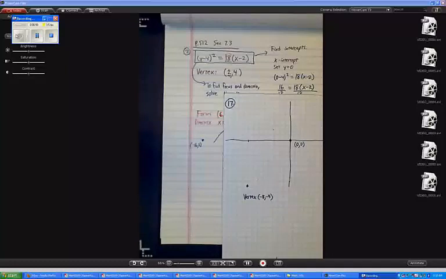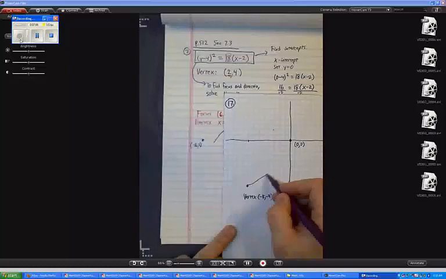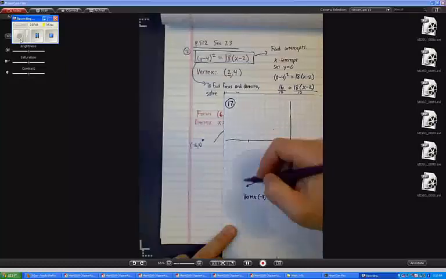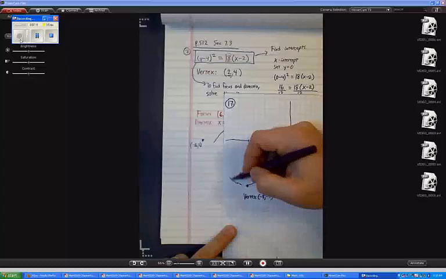Let me have you talk to your neighbor about that for 20 seconds. This one has to open, which way? Up, has to, right? Because the vertex is somehow the extreme point. I can see that this is going to go that way towards (0, 0), and that way towards (-16, 0).